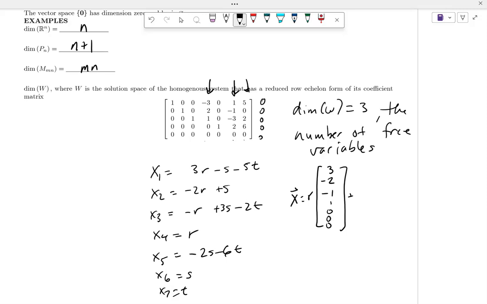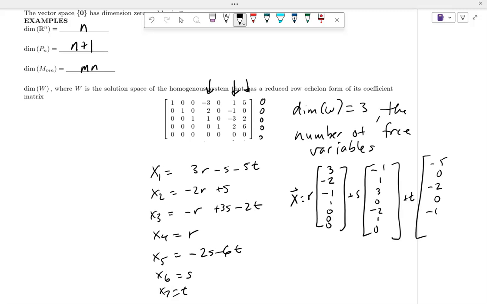You would have s times -1, 1, 3, 0, -2, 1, 0. And you would have t times -5, 0, -2, 0, -6, 0, 1. All right, just pulling off the r's, the s's, and the t's.